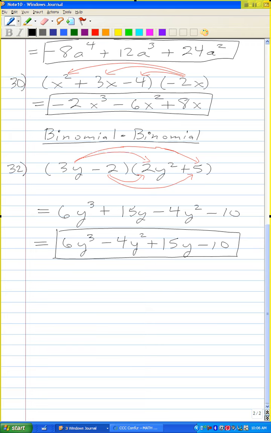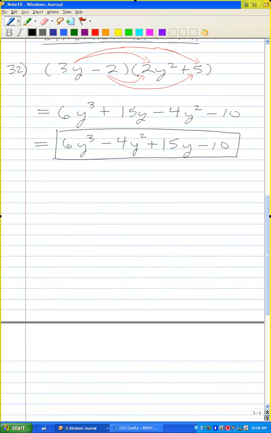Let me do problem number 36. Three x squared minus 5y cubed times 2y minus x squared y. So again, let's use distributive property.